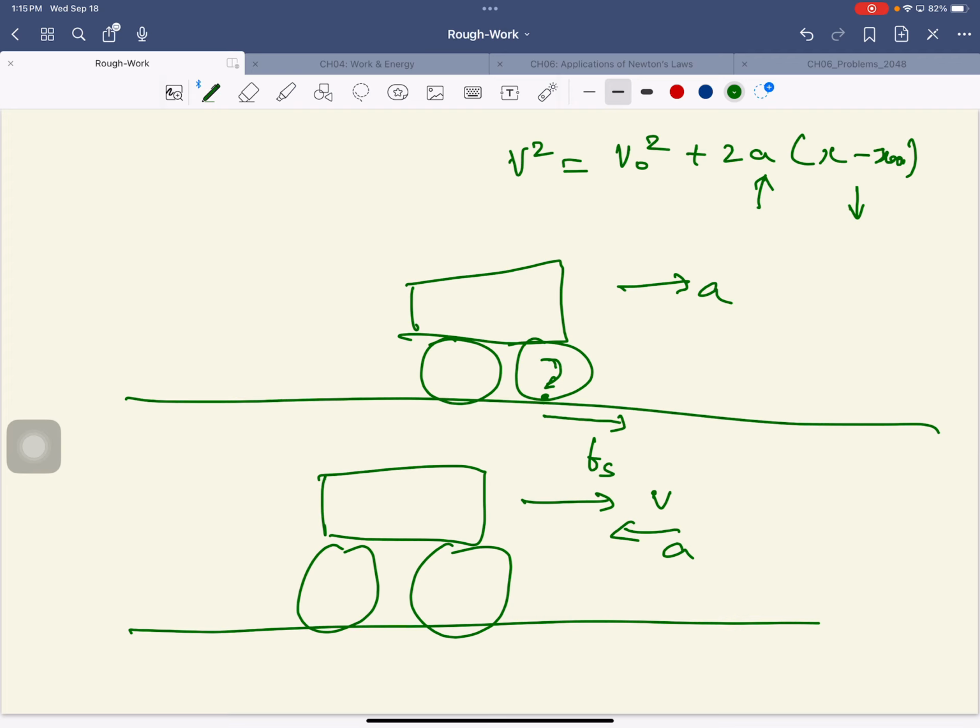The wheel is spinning, and they're slowing down the spin. If this thing doesn't slip, then the static friction force is in this direction, and that's what's slowing you down. If the brakes lock, the tire is not spinning anymore. Now you're sliding. That would be a kinetic friction force.